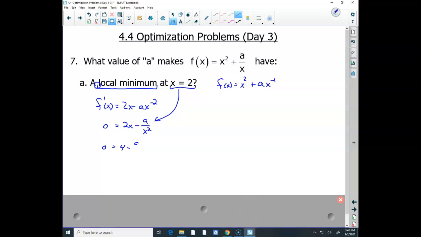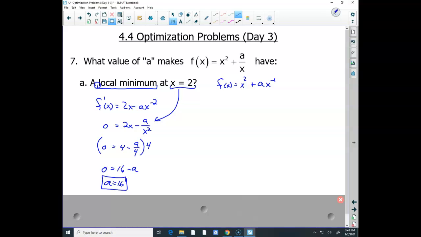Then I can multiply the whole equation times 4, and I get 0 equals 16 minus a, so a equals 16. So when a equals 16, we will have a minimum at x equals 2.